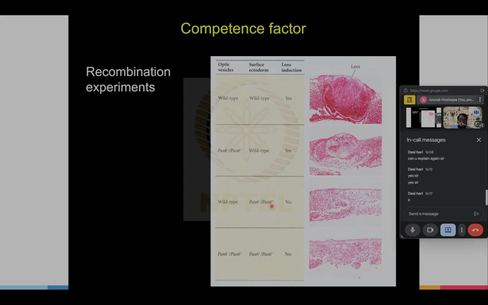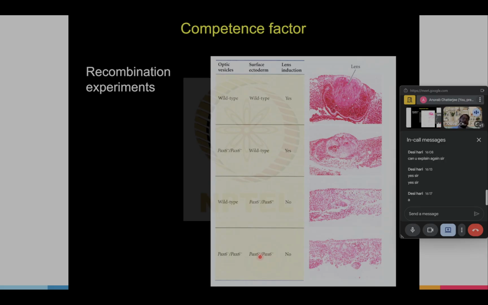But if you remove PAX6 from the surface ectoderm, then it has lost its competence to form the lens. It doesn't matter if the optic vesicle is wild type; the optic vesicle is throwing out the signals, but the surface ectoderm is unable to catch them because there is no PAX6. And thus you have no lens formation. And finally, if you have no PAX6 in both of them, again you have no lens formation, but it is majorly because the surface ectoderm does not have PAX6.